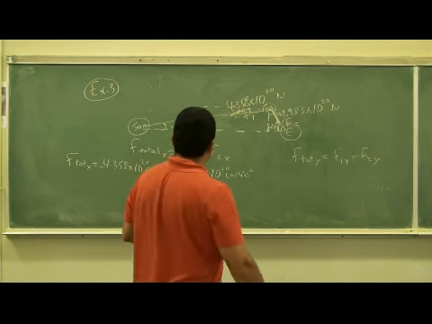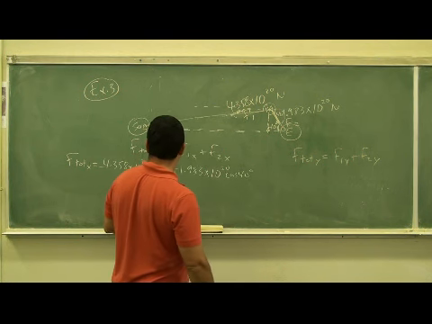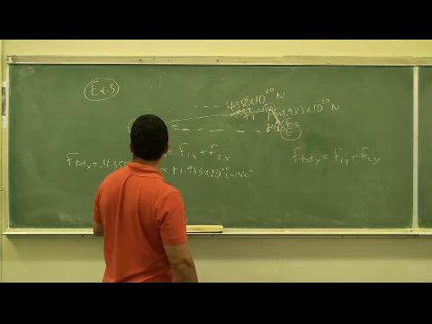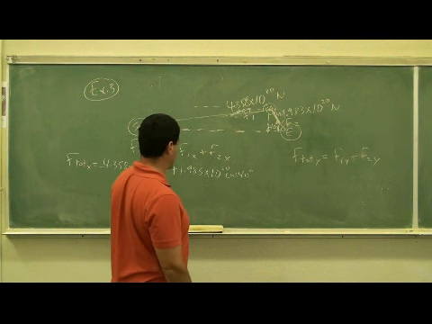Okay, so let's continue here. We're going to have to do 4.358 times 10 to the 20 cosine alpha.